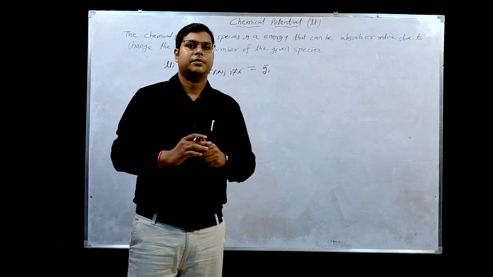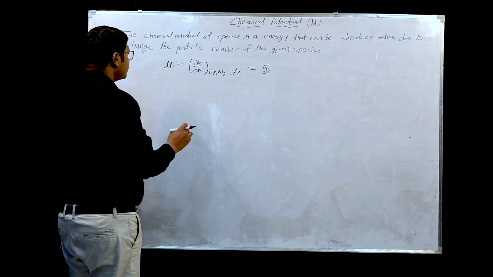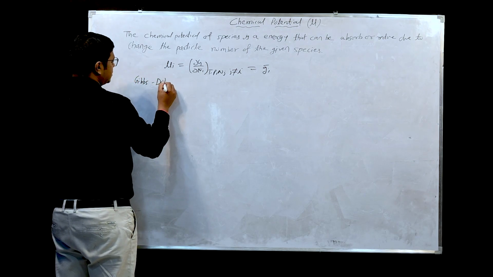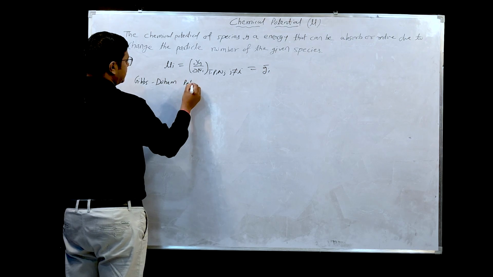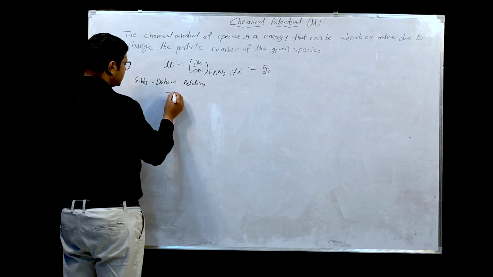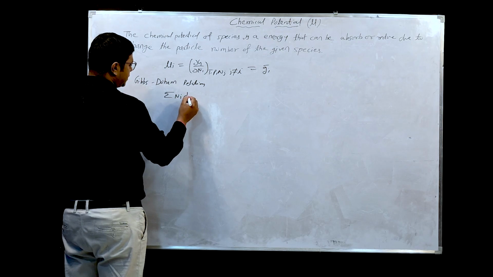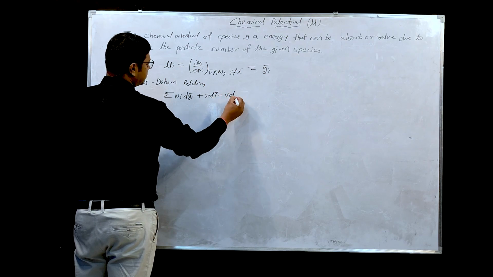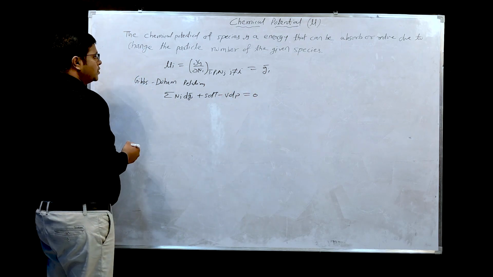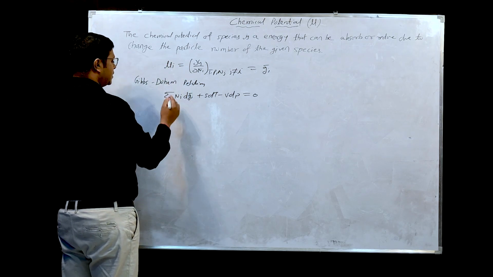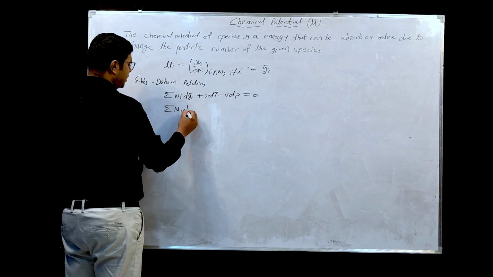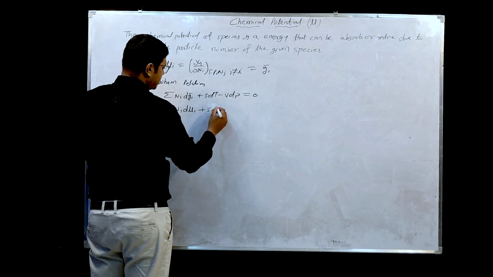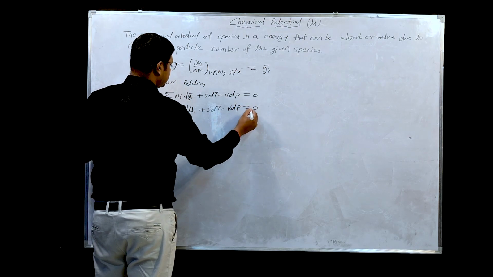The Gibbs-Duhem relation is sigma of Ni dGi bar plus S dT minus V dP is equal to 0, which in terms of chemical potential becomes sigma of Ni dμi plus S dT minus V dP is equal to 0.